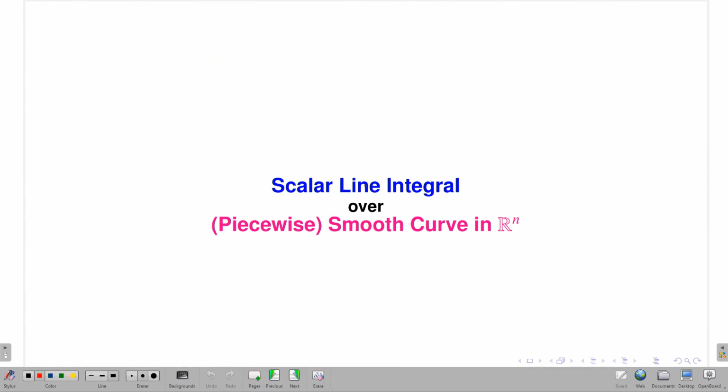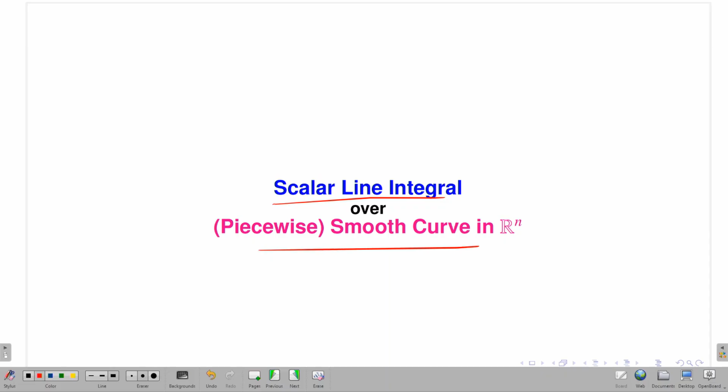Okay. So, now I think I have discussed at least the notions of curve and smooth curve. Then, if I have a piecewise smooth curve or smooth curve, how to calculate the length, those formulas I have defined. Once I have the notion of smooth curve, then I want to talk about the scalar line integral over a piecewise smooth curve in Rn.